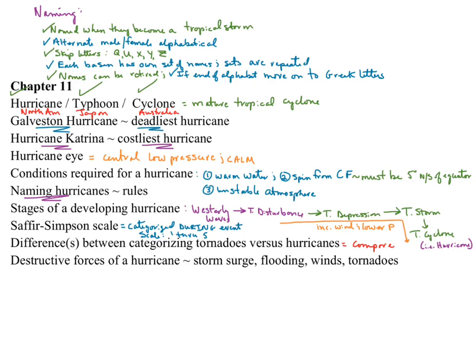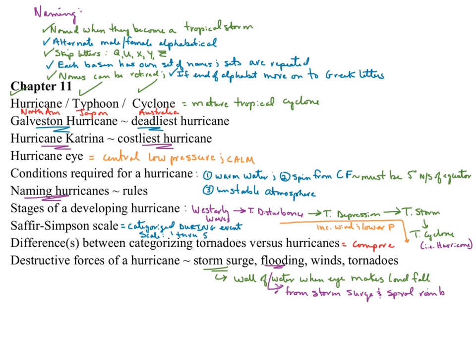So the last one is destructive forces of hurricanes. Storm surge actually could have been its own term on this review sheet, so you should kind of know what storm surge is. It's that wall of water that is associated with the eye hitting landfall. And flooding is associated with storm surge and/or the spiral rain bands.